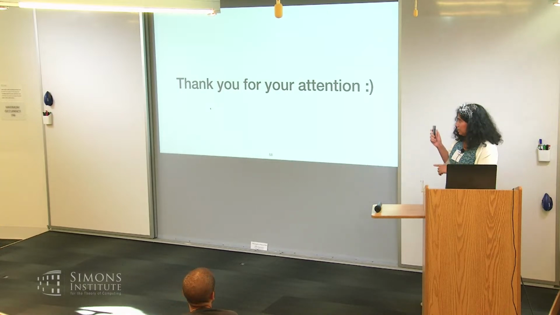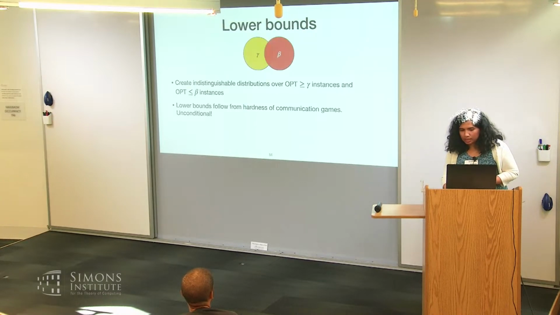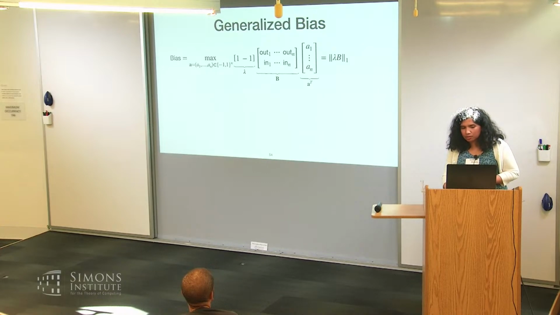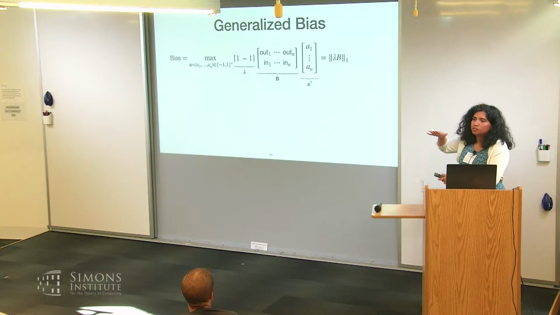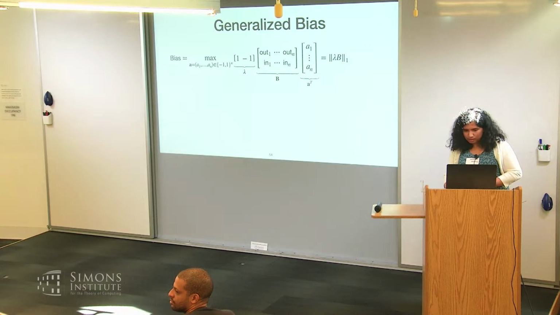Thanks. So one thing I skimmed over is that when I define bias here, I assume that I only have one type of constraint. If you have more types of constraints, then you have another dimension there, like a layer; you can think of it as a tensor. For every type of constraint, you have a bias matrix, and so it's like a tensor.